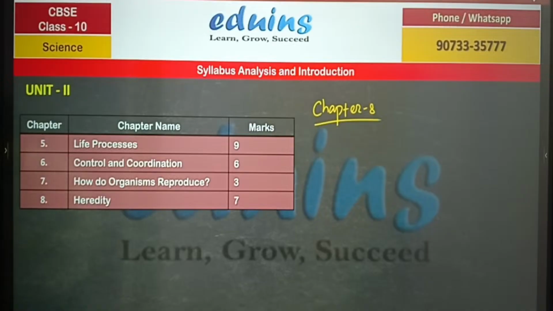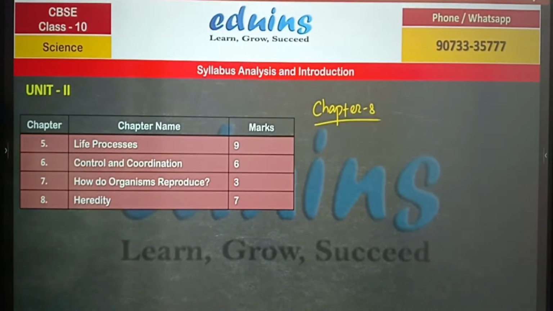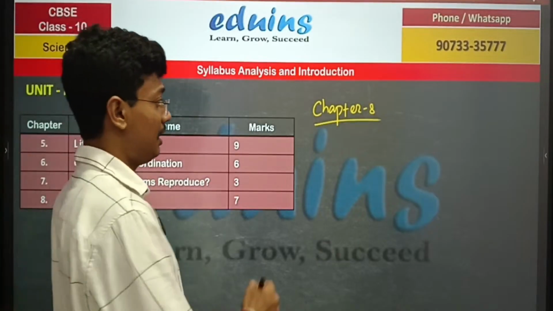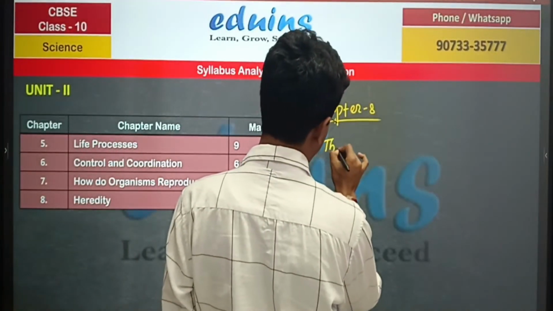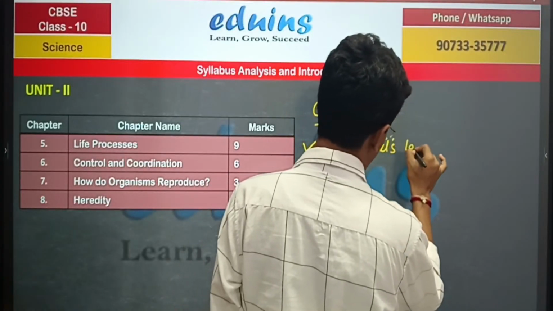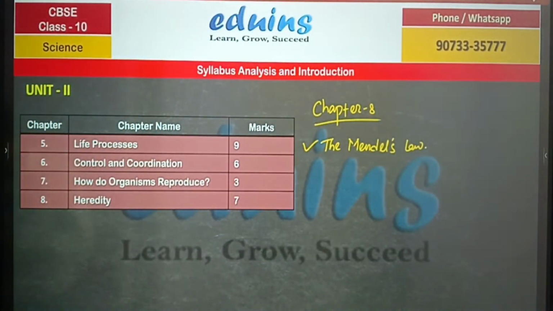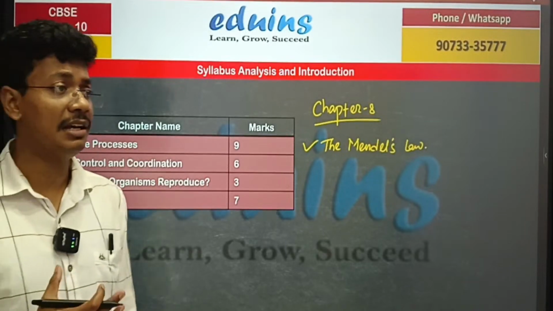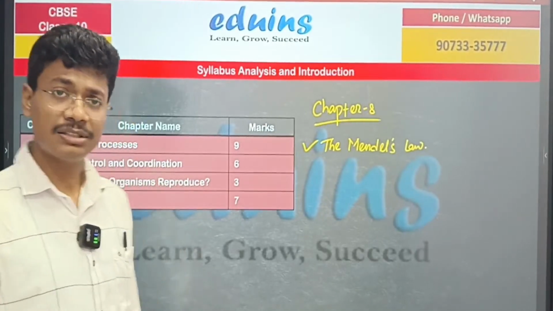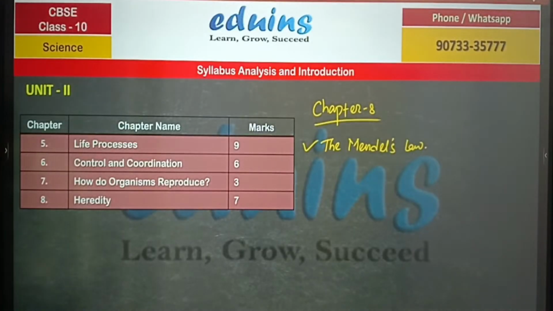In heredity and evolution, we mainly study Mendel's laws, that is the law of inheritance and law of segregation. Here we also study traits and characters. Next we will study a brief introduction to evolution.